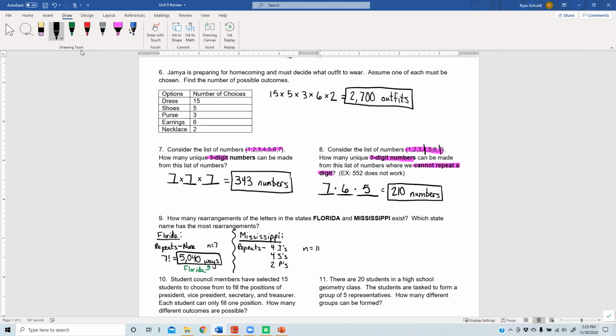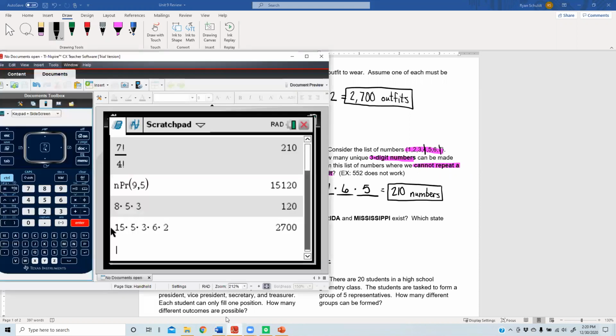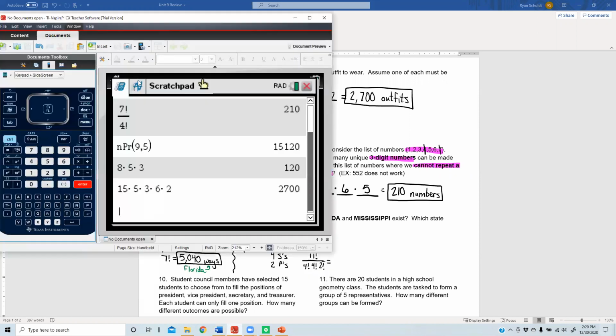So the number of ways would be 11 factorial divided by 4 factorial times 4 factorial times 2 factorial. Okay, let's type this monster in the calculator.